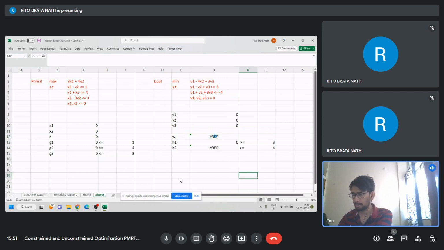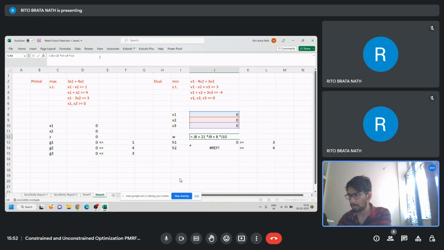Okay, so let's do one thing. Then let's write down this formula again. So it's J8, which is V1 minus V2 plus V3. So that's fine. Oh, okay, so that should be the objective. So that's V1 minus 4 times V2 plus 3 times V3, right?